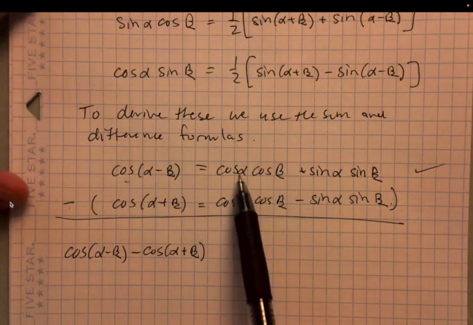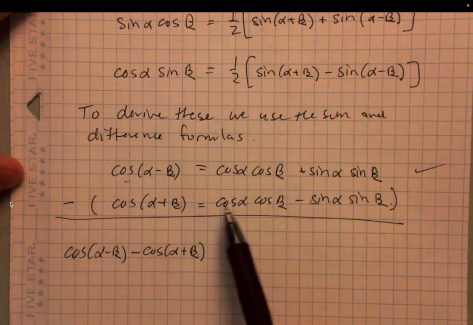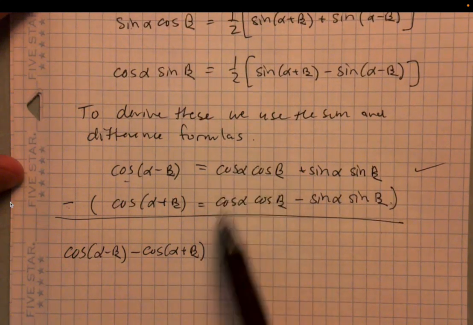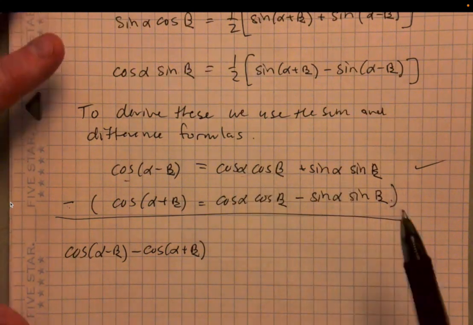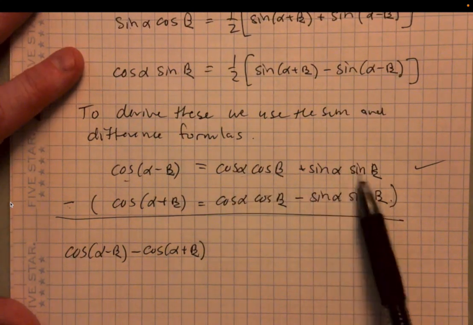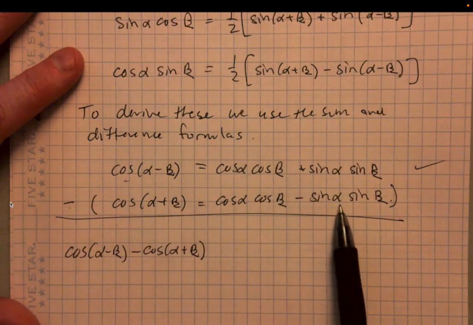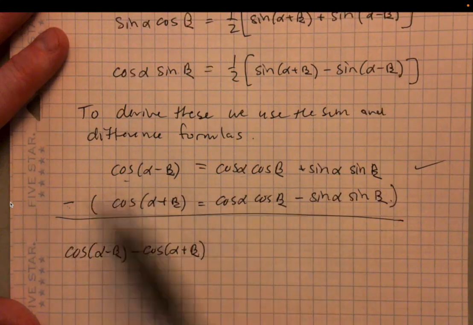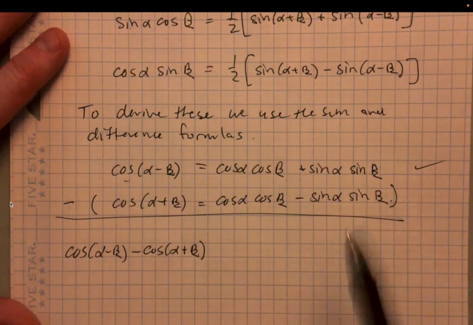Now over here, I've got cos alpha cos beta minus cos alpha cos beta. These are the same, and so when I subtract one from the other, they go to 0. Over here, I've got sine alpha sine beta minus negative sine alpha sine beta. So I'm subtracting a negative, and so that means I'm adding. So this is sine alpha sine beta plus sine alpha sine beta.